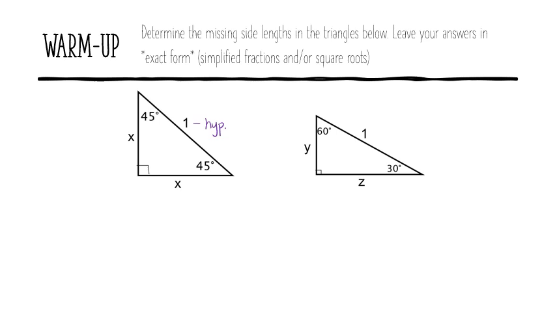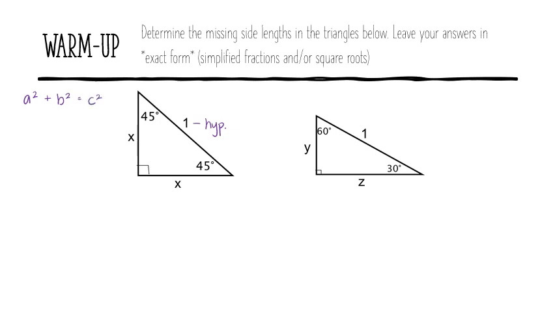Remember, that's our hypotenuse. If we're trying to solve for x, there's potentially a couple ways we could go about doing that. I'm going to use the Pythagorean theorem. I want to look at our a squared plus b squared equals c squared, but plug in the information specific to our triangle.